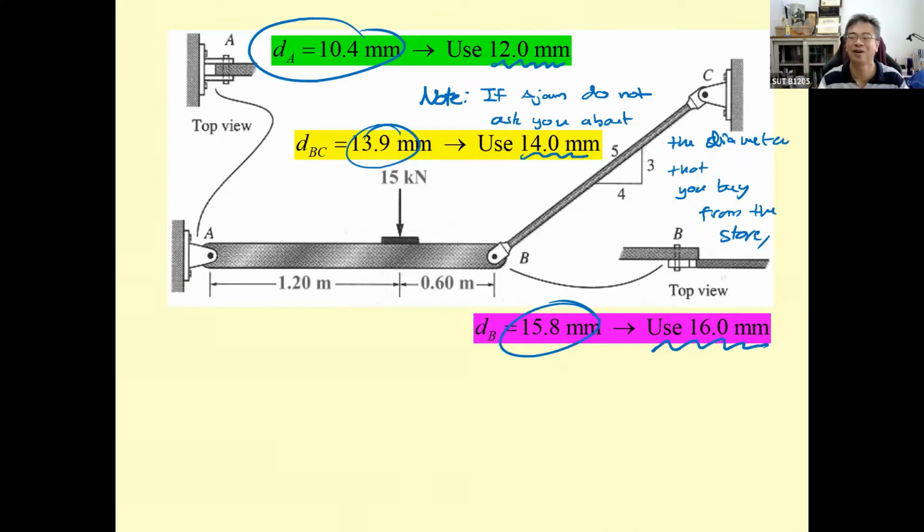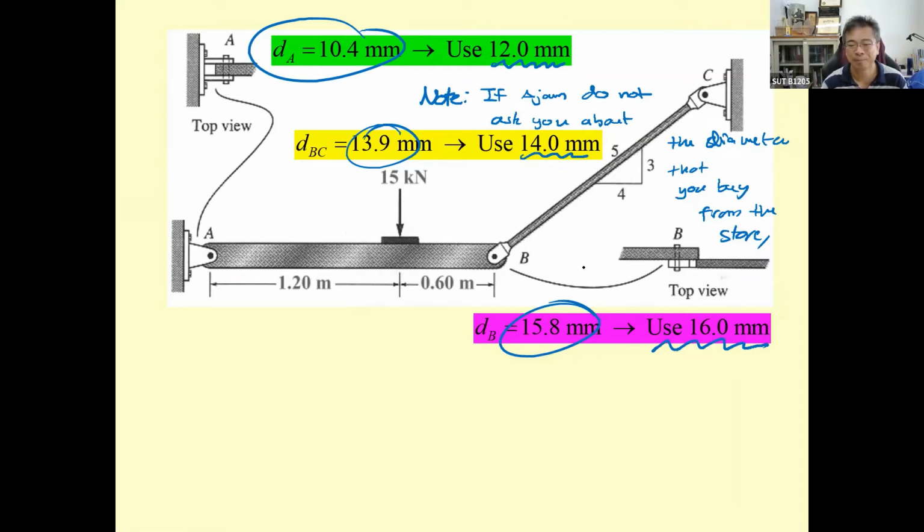If they don't ask, don't select a bigger one. Just use the one from the calculator, because somebody didn't care about the problem statement. They just neglect it and do what I teach you, and sometimes you lose the full score because of this small mistake.